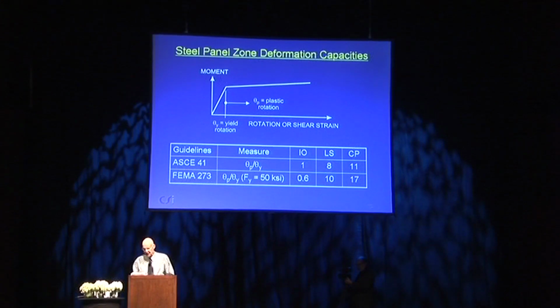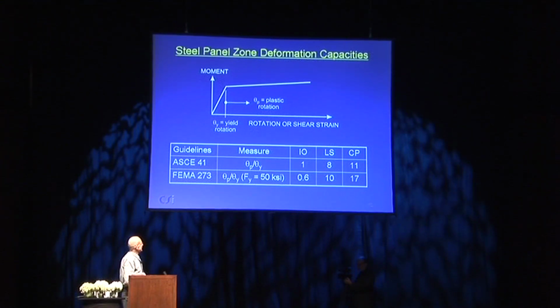The other reason is just to indicate how inexact a science this is. FEMA 273 was the precursor to 356, and it specified the rotation capacities rather differently. If we use a 50 ksi steel, these are comparisons of what was allowed in FEMA 273 and what's allowed in ASCE 41.